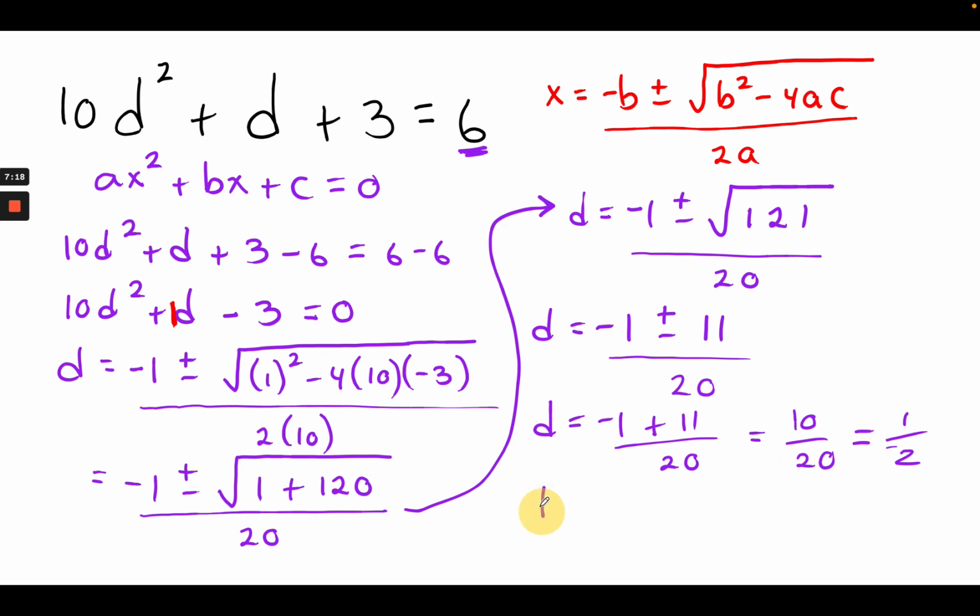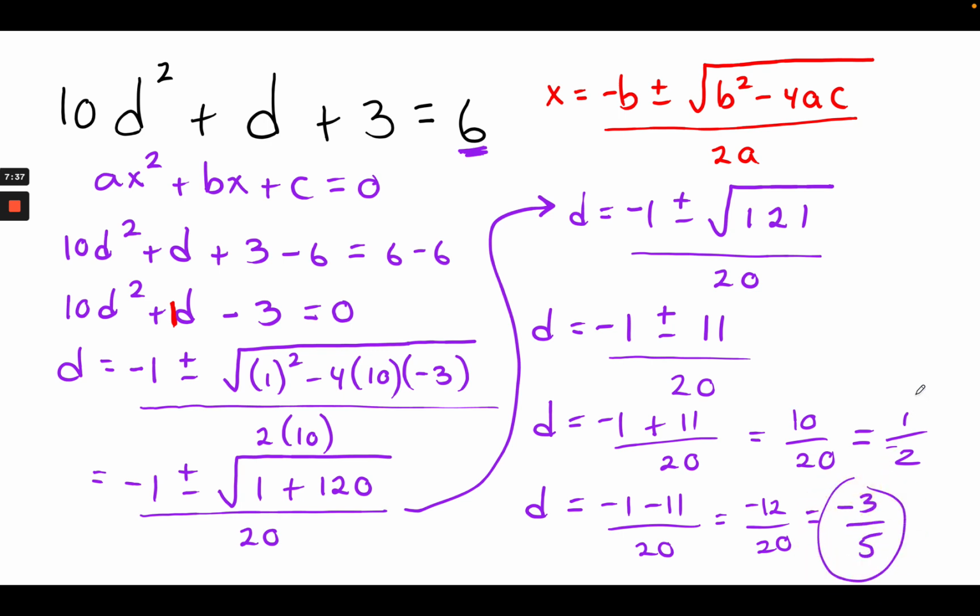And then d is also equal to negative 1 minus 11 over 20, which gives me negative 12 over 20. And that reduces to negative 3 over 5. So we have two answers.